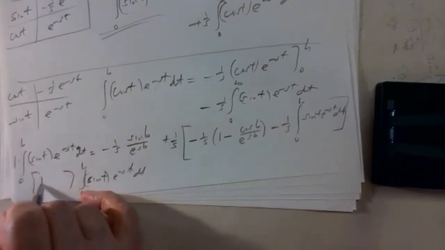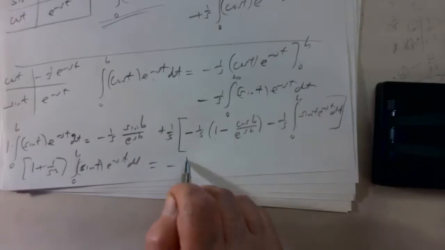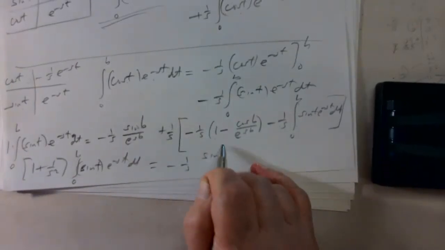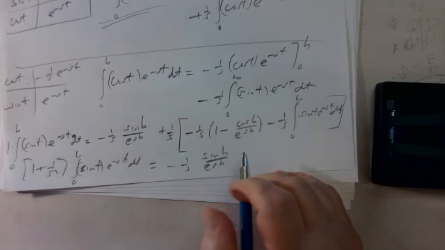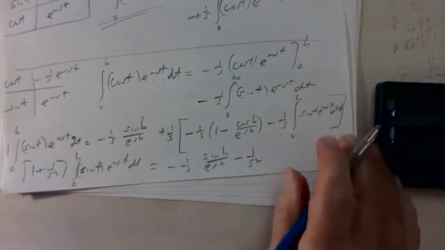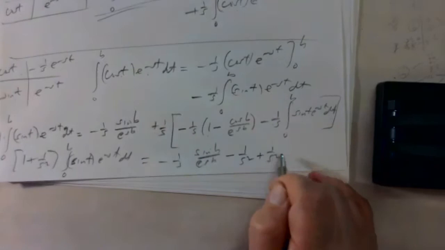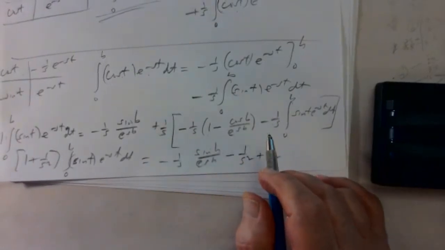And I have 1 over s plus 1 over s squared times this equals this times this: minus 1 over s squared plus 1 over s squared cosine b over e to the sb.